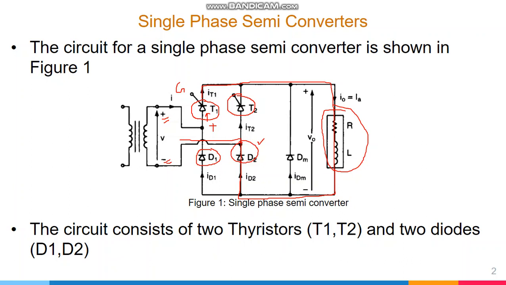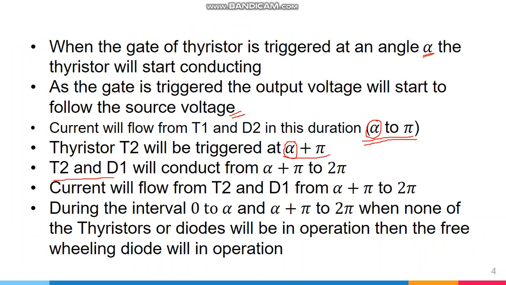In this scenario, we are considering that my load is a huge inductor, and it is in continuous conduction mode. Current is flowing from this RL load throughout the time. During the interval 0 to alpha, that is the time period in which none of the thyristors have been triggered, and from alpha plus pi to 2 pi, this is also a time interval during which none of the thyristors or diodes are conducting.